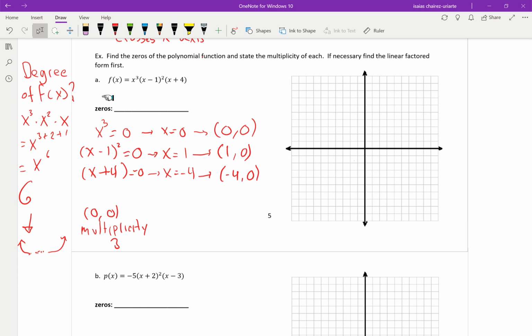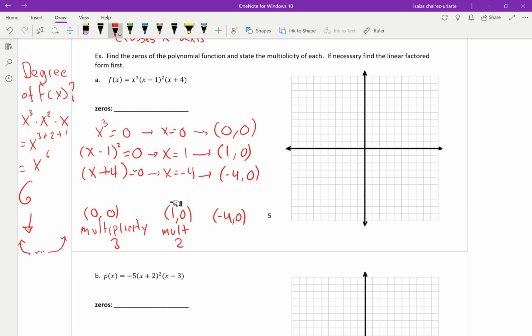What's the multiplicity of 1, 0? Well, 1 comma 0 corresponds to this linear factor, x minus 1 squared. The exponent here is 2, so the multiplicity is 2. And then negative 4 comma 0.